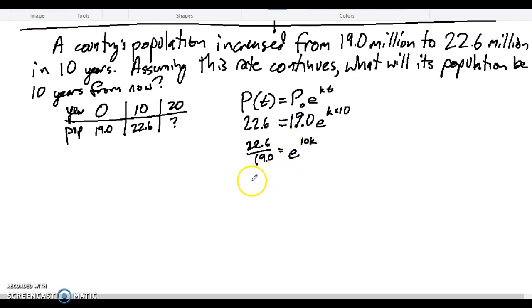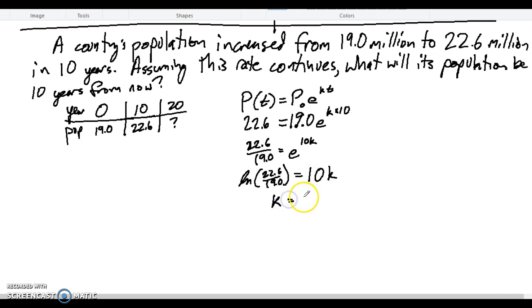Take the natural log of both sides. Remember, natural log of e to a power, since natural log is log base e, those cancel out and we're just left with that power.